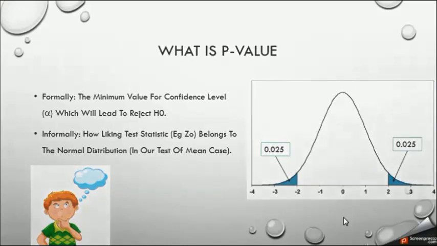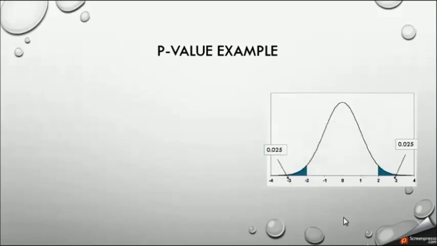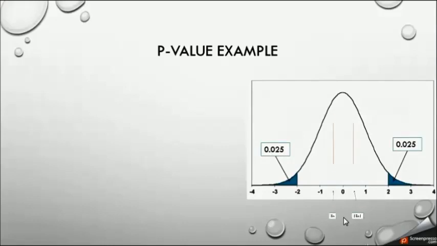So now we are going to see more clearly how to compute the p-value and how to use it in testing our hypothesis. Suppose this example, which we have previously seen, about the capacity of water bottles. We have Z0 equal to minus 0.435, so the absolute value of Z0 is 0.435.